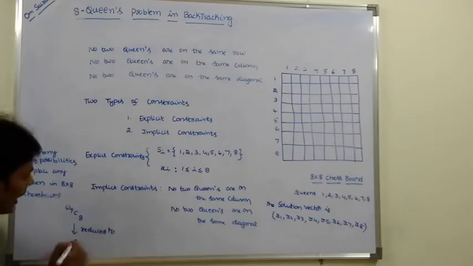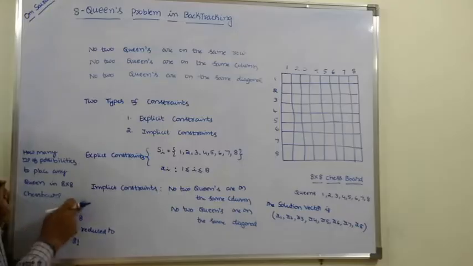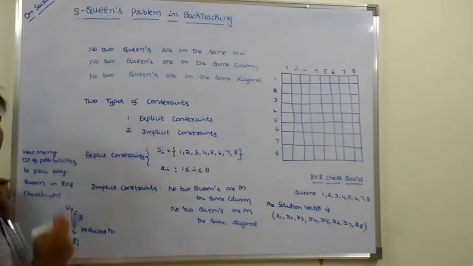To 8 factorial possible ways. The total number of possibilities for placing 8 queens on an 8 by 8 chessboard is 64C8 before applying these constraints.